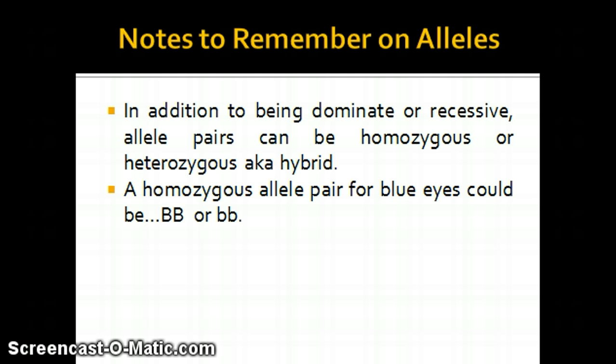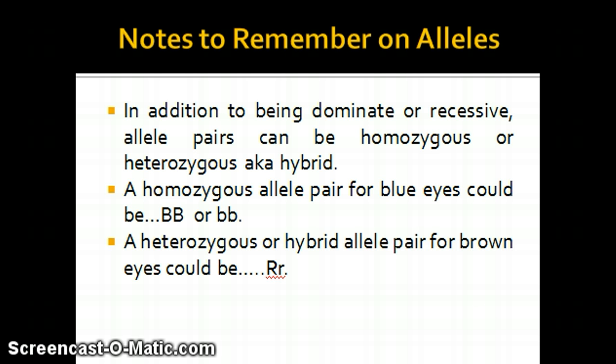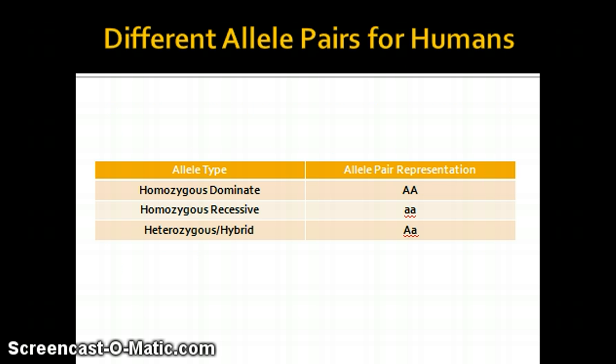A heterozygous or hybrid allele pair for brown eyes could be capital R, lowercase r. In the following slide, I have a table that will give you a visual representation of both possible allele pairs given for any one human trait.